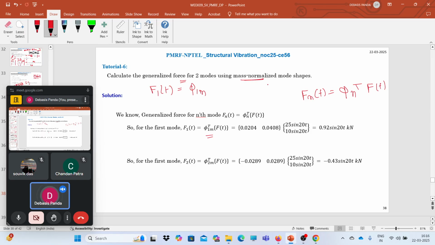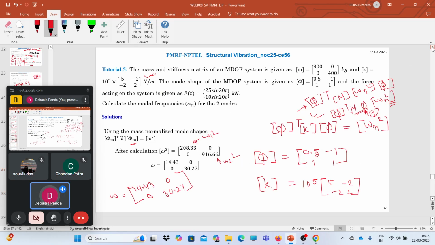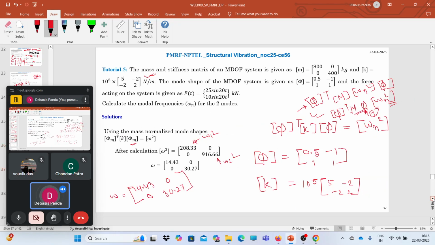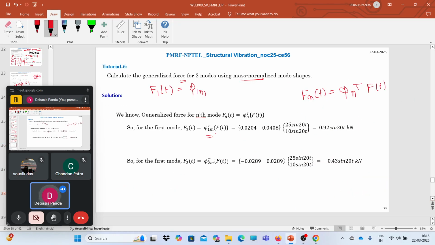They have said you need to use the mass normalized mode shape, and we already normalized the mode shape with respect to mass, and we have the values. This one is the first mass normalized mode shape, this one is the second.